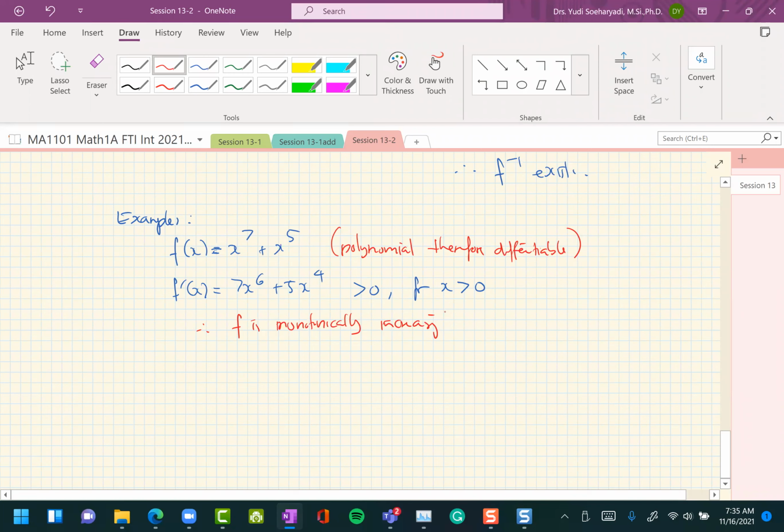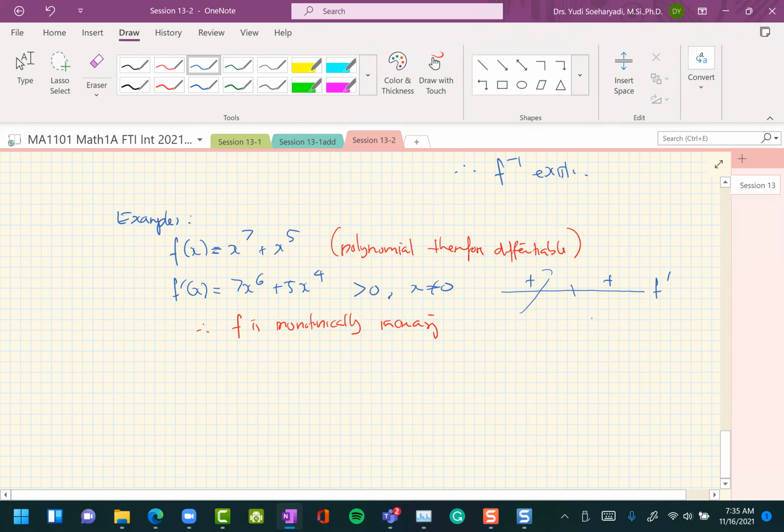In fact, this is increasing also on the negative. Let's see how to see that. For x non-zero, the sign chart should be positive here, positive here.